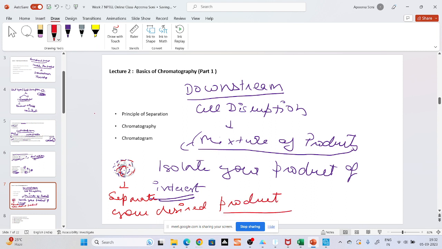Okay, so how will you do it? For this separation of the desired product, the product of interest, we perform chromatography.